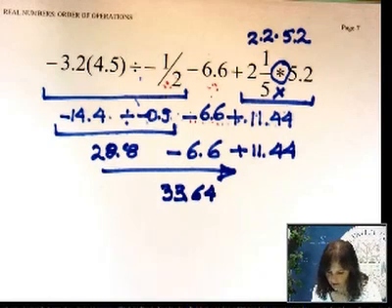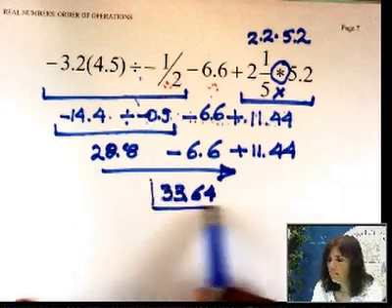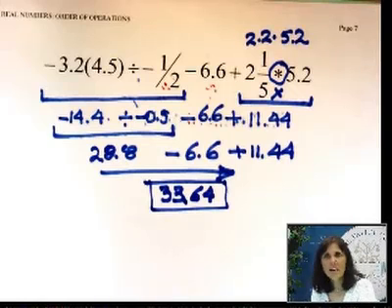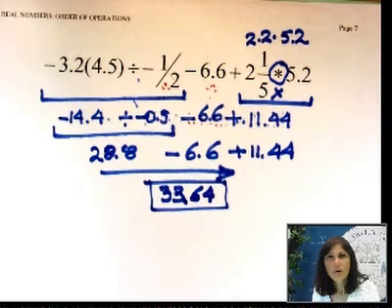I have 28.8 minus 6.6 plus 11.44. That is 33.64. That's correct. So pay attention to the order of operations, and you're going to be okay. And also pay attention to the signs of your real numbers.